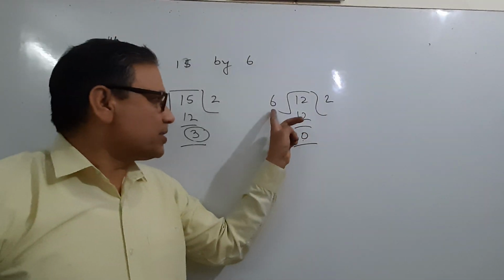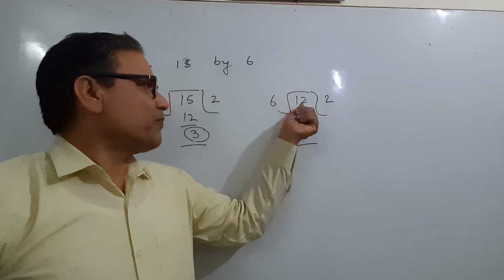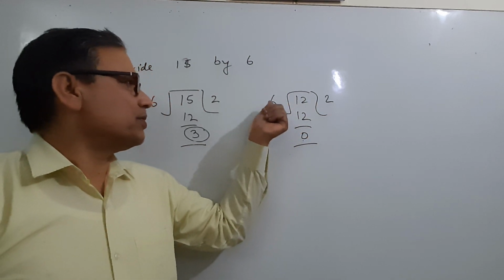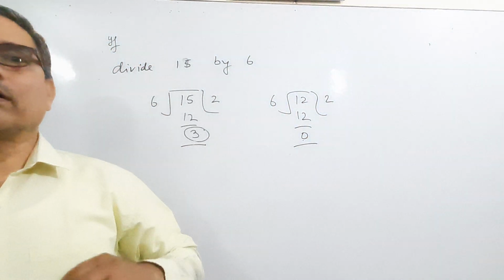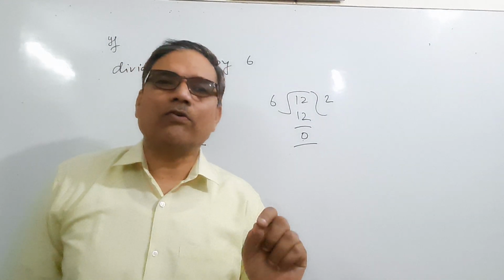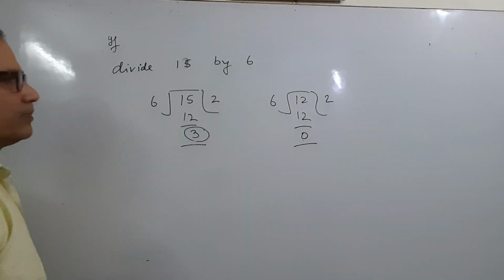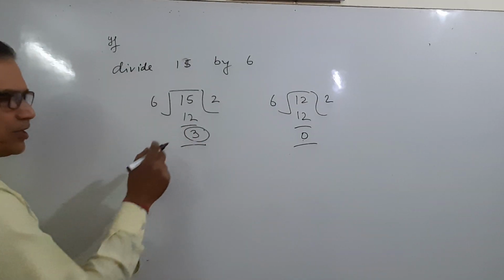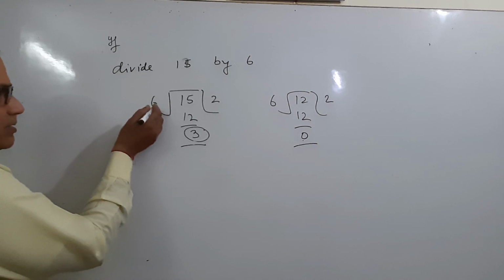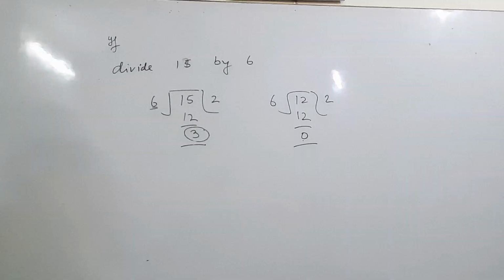Why is 6 a factor of 12? Because 6 divides 12 completely, without any remainder. And here the remainder is 3, so we can say 6 is not a factor of 15.